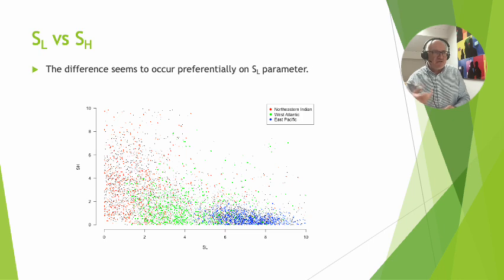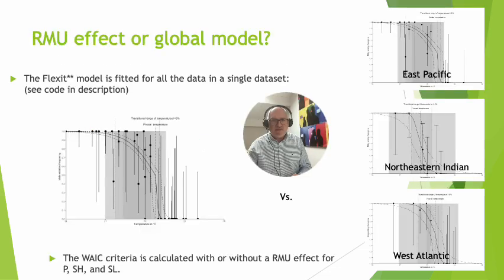You see that for SH, we don't really see anything, all are mixed. But for SL, it seems that we have a gradient: Northeastern India is lower, West Atlantic intermediate, East Pacific higher. But we need some statistics, not just visual.